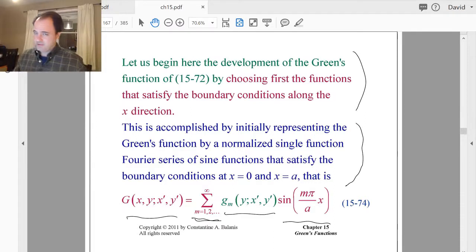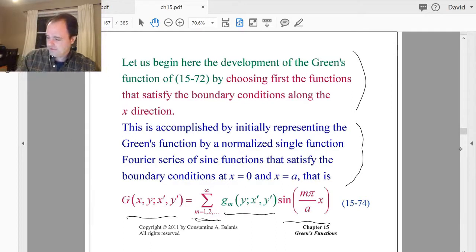So this may be a little bit confusing to some of you, saying, well, aren't we solving this using the closed form? But yet now we're introducing g as a series. And the answer is yes for both.